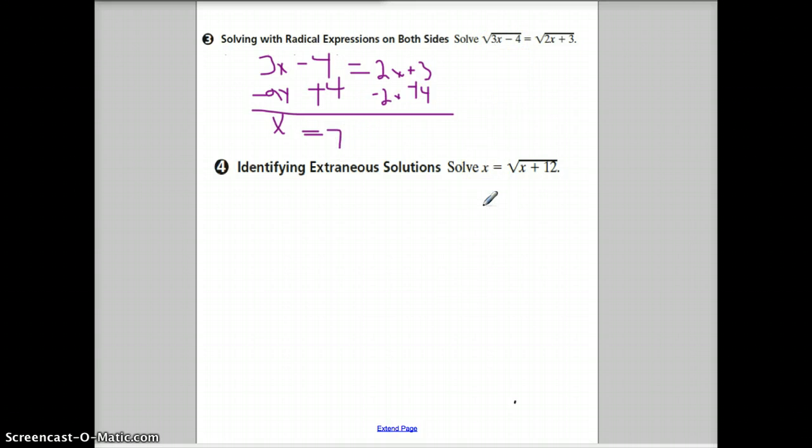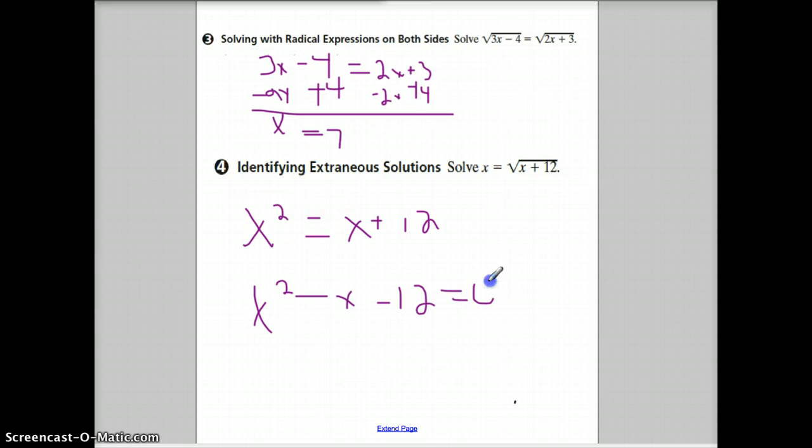Let's identify extraneous solutions. So here we have an example in which we would square both sides, and we're left with x squared equals x plus 12. So you can see here how we have a quadratic equation we need to solve. So we get x squared minus x minus 12 equals 0.